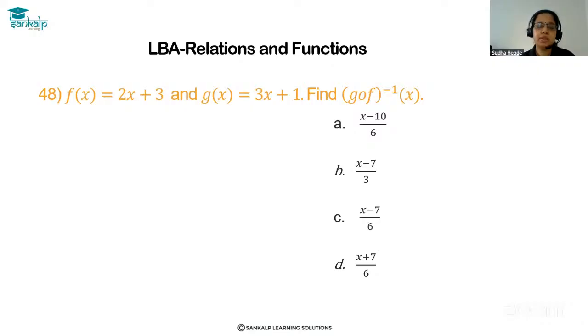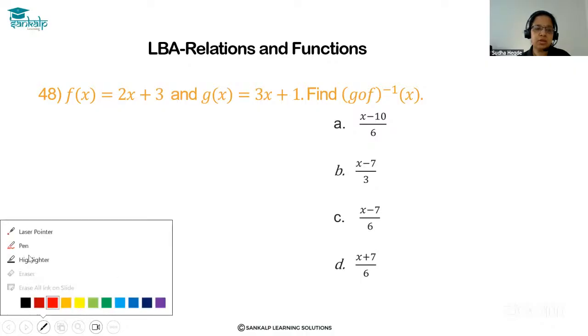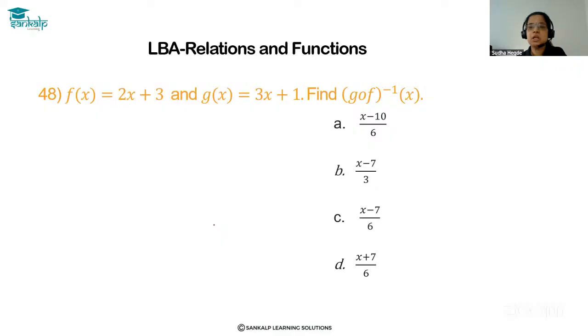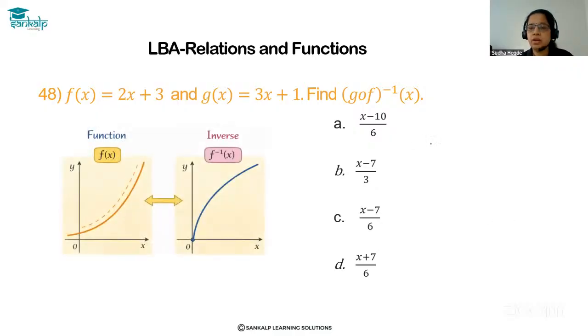Hi everyone. The question is f of x is equal to 2x plus 3 and g of x is equal to 3x plus 1. Find g composition f inverse x. Okay. To find g composition f inverse x, you need to first find g composition f. So g composition f of x is equal to g of f of x.